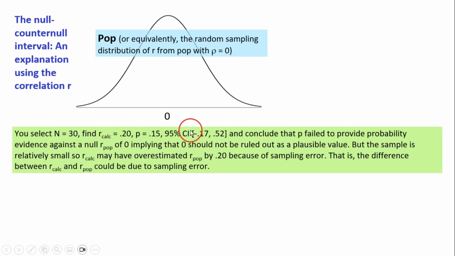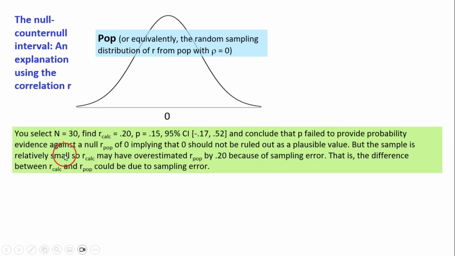We can't rule out the notion that R is potentially 0 because it's in that plausible interval here. Okay, so you want to be able to hedge against that using this counter null. So you conclude that p failed to provide probability evidence against a null R pop of 0, implying that 0 should not be ruled out as a plausible value.